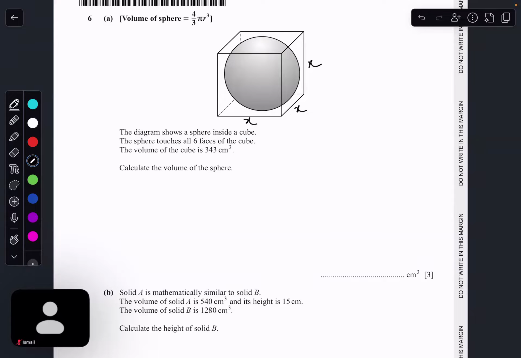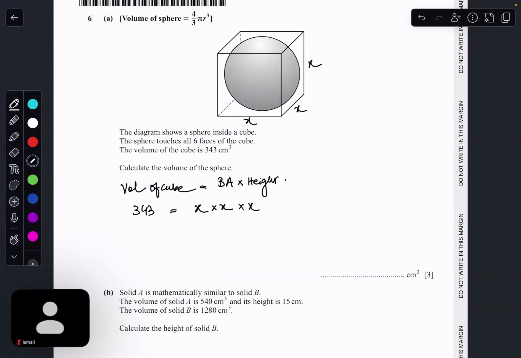So the volume of the cube is already given. I can use base area into height. That's the formula for volume of a cube, base area into height, because it's a prism. So 343, base area is square, so x times x, that is x square, times the height, x.